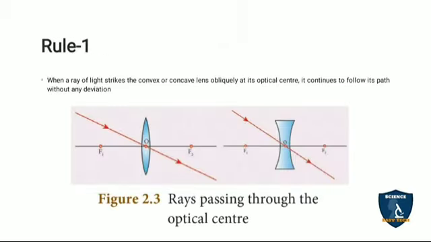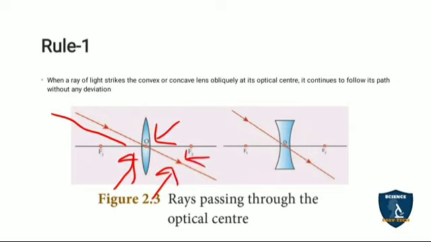Rule 1. When a ray of light strikes the convex or concave lens, here both lenses are shown in the figure, at its optical center, it continues to follow its path without any deviation.